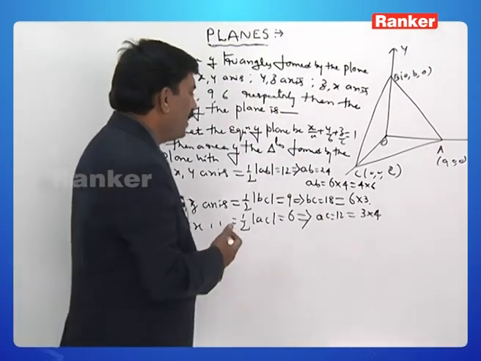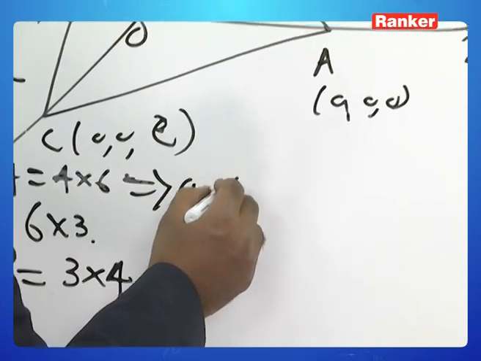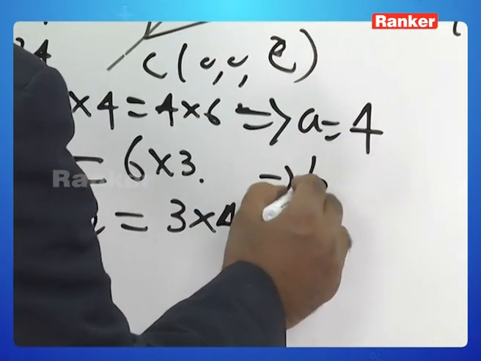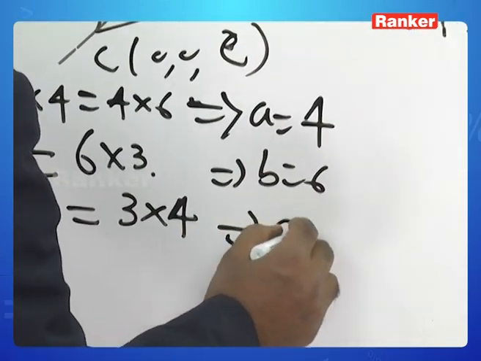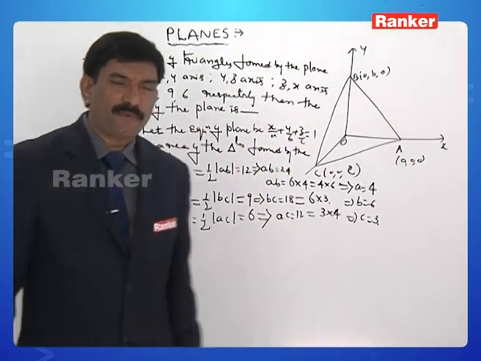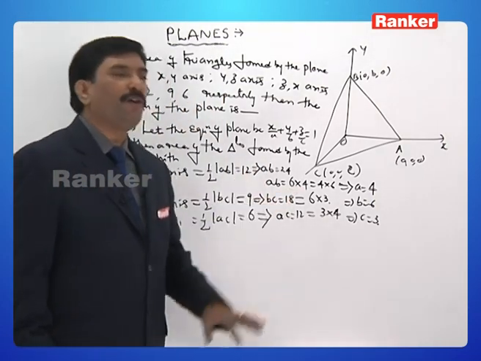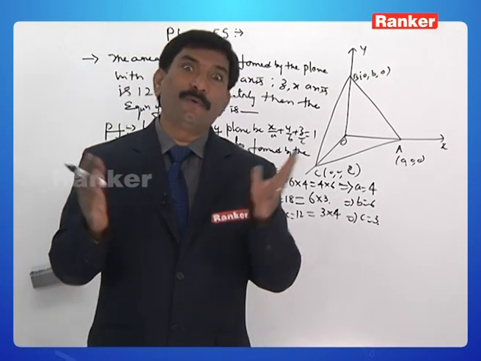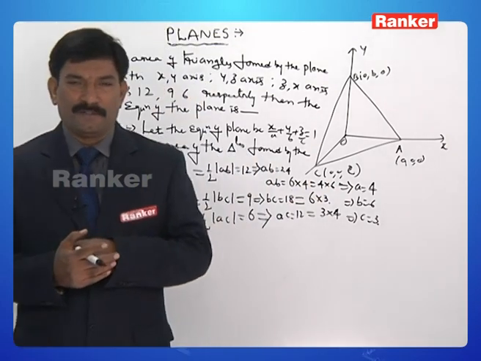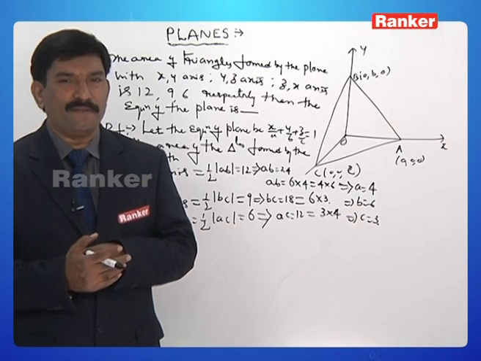So therefore, I can write here A is equal to 4, here B is equal to 6, here C is equal to what? 3. That goes without saying. Quite obvious. Yes, in a cyclic order, we could get the values of A, B, C.